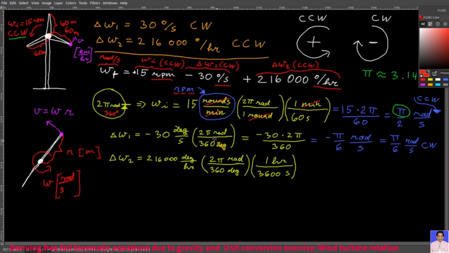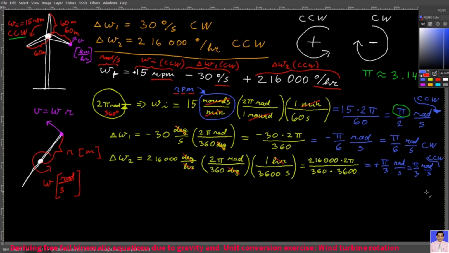And just like we canceled out the degrees here, in the same way we will cancel them out here, and now we will also cancel out the hours. And so you're left with 216,000 times 2 pi over 360 times 3600. And in the end you will have plus pi over 3 radians per second.